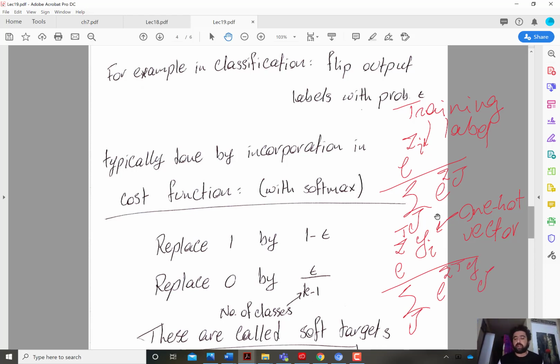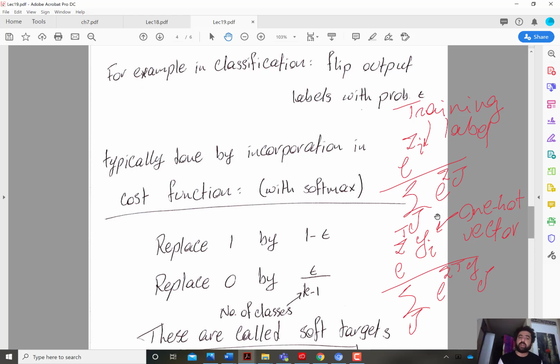So this is the regular softmax: you take the vector of output units, take a dot product with a one-hot vector representing the class label, and divide by the sum of doing that for all possible class labels, where i is the index of the training label.